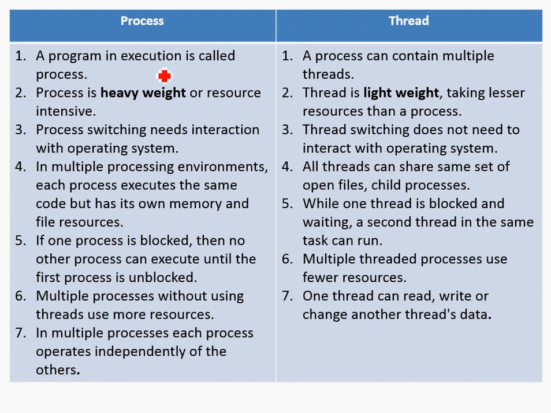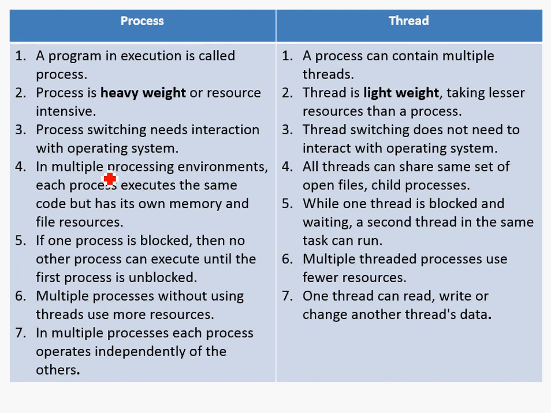A process contains multiple threads. Obviously a process is heavyweight and a thread is lightweight, taking fewer resources than a process. Process switching needs interaction with the operating system, whereas thread switching does not need interaction with the operating system.